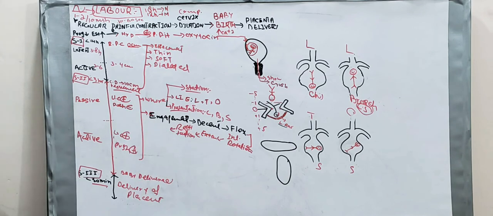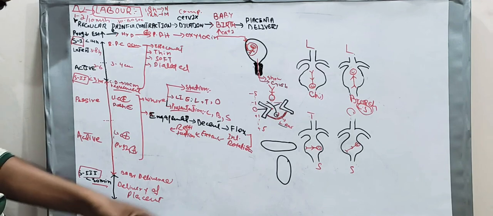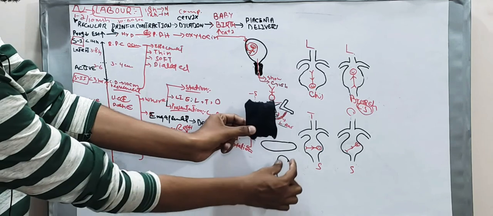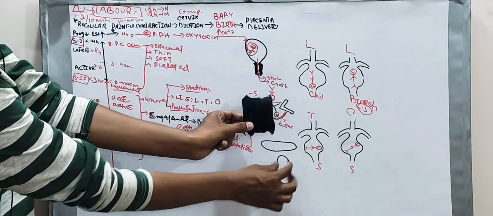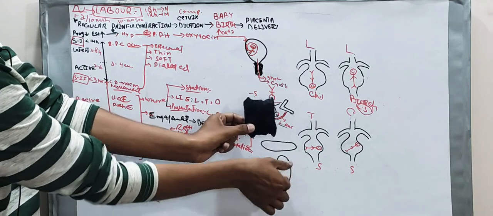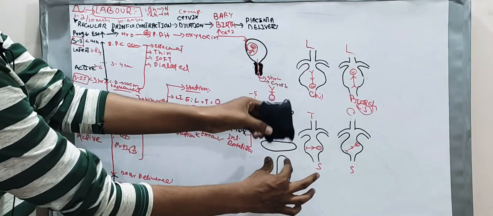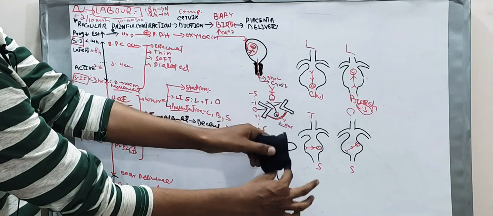And the next important movement: the shoulders of the baby, which are in transverse position, have reached the pelvic outlet, whose widest diameter is not transverse but AP. So the pelvic outlet's widest diameter is in this way. When the baby is coming in transverse position, it will get stuck there.